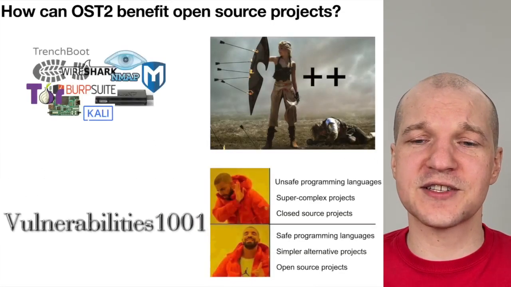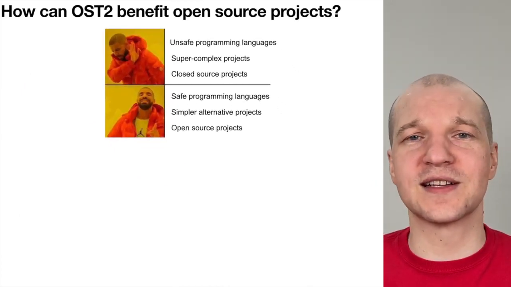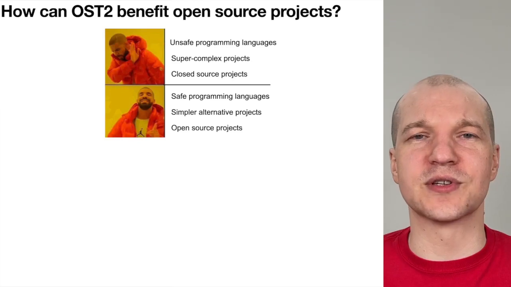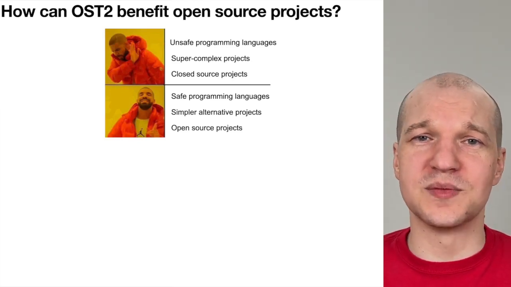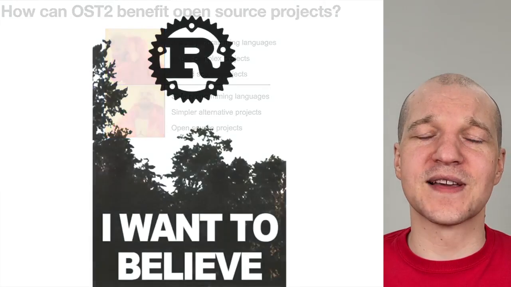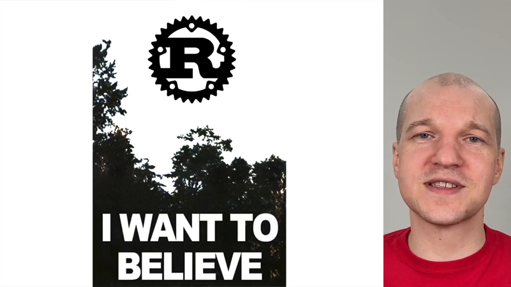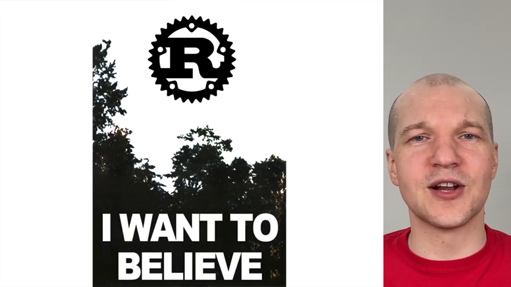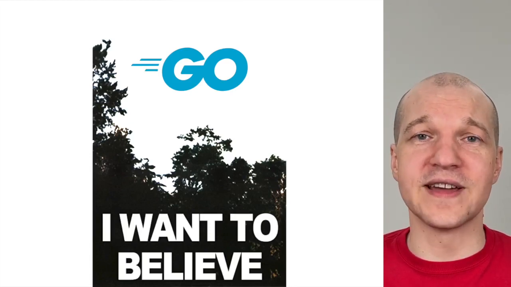Into our final section, moving from unsafe, super complex and closed environments to safe, simpler, and open things. This is where my feelings are a little more complex. When it comes to more secure languages like Rust and Go, I want to believe, but the reality is I don't know enough yet to truly believe.